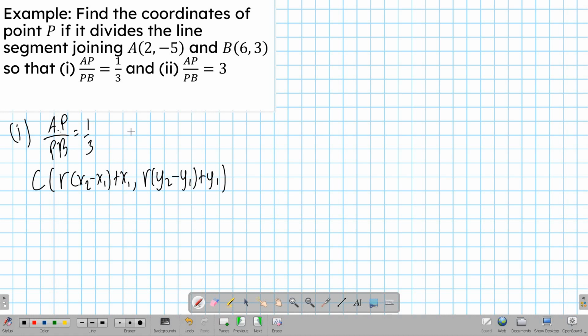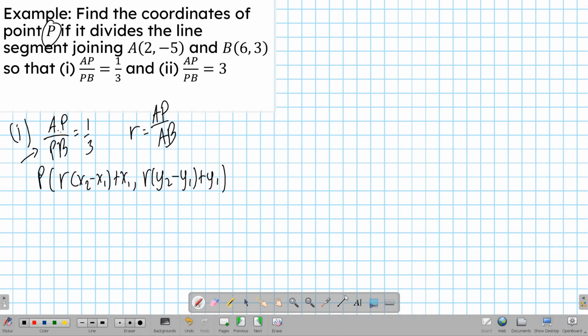Take note that if your divisor is P, not C, then let's make it P. If this is point P, then R is AP over AB. But take a look at what's given to us: AP over PB. So that would mean R is not immediately equal to 1/3.